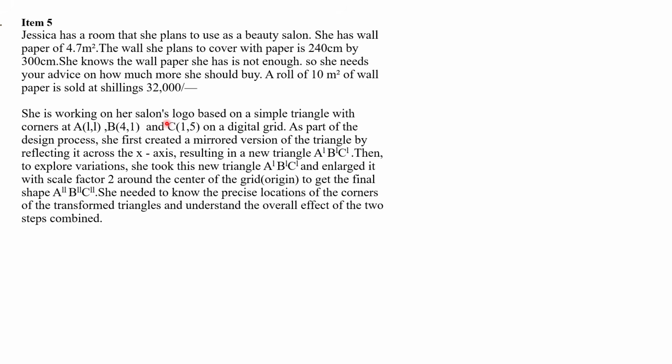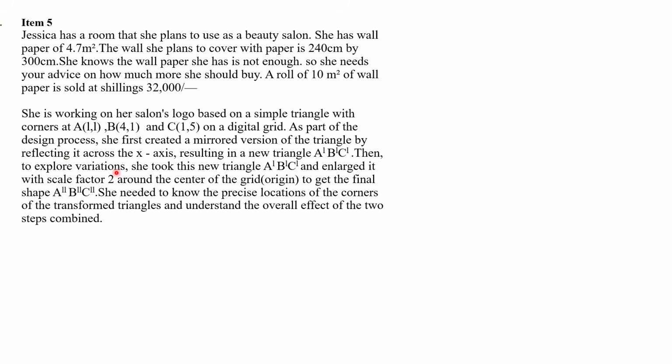Then she's working on her salon logo based on a simple triangle with vertex A located at 1, 1, then vertex B located at 4, 1, and then point C located at 1, 5 on the digital grid. As a part of the design process, she first created a mirrored version of the triangle by reflecting it along the x-axis, resulting in a new triangle A prime, B prime, C prime.